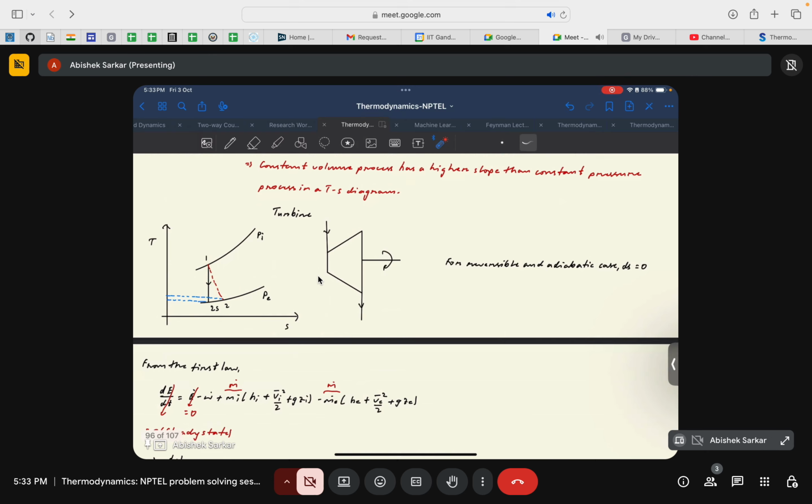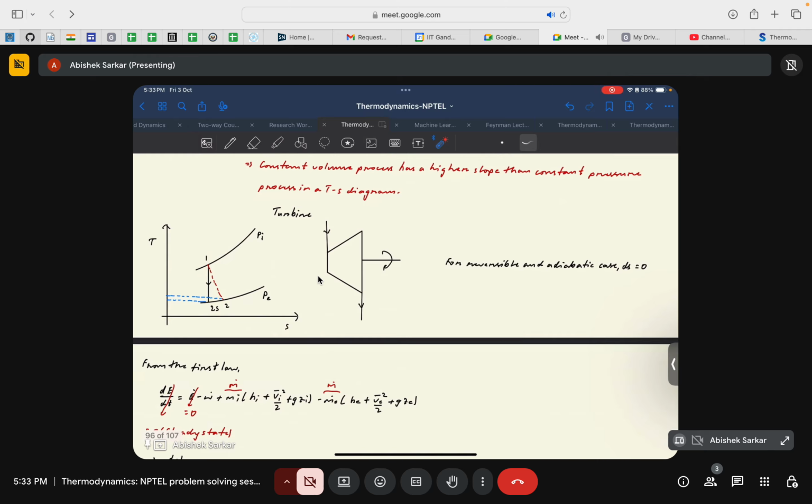Here you can see that if we consider the net change in entropy from 1 to 2s and from 1 to 2, and look at the temperatures T1, T2s and T2, the net change in temperature is lower in the irreversible case.